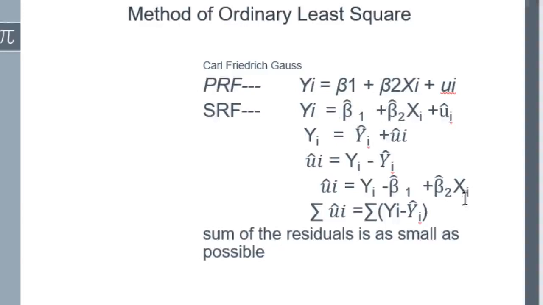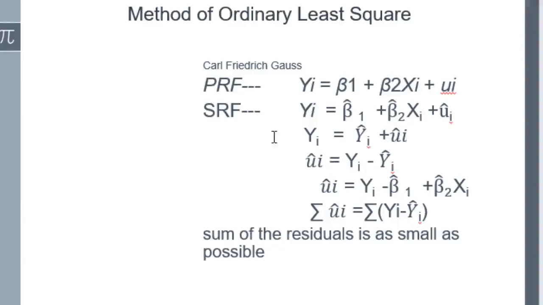From this, ui cap equals yi minus yi cap. Here, yi cap is the estimated or the conditional mean value of y, and now we want to see how the sample regression function is determined.